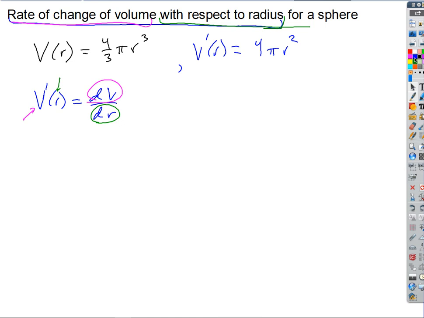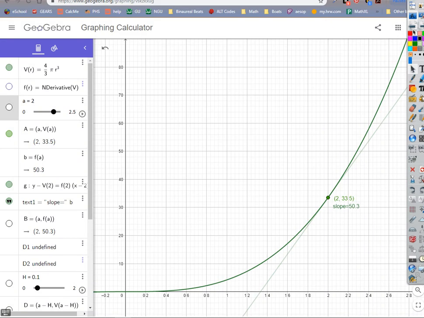The point on the graph we get from V of 2, which is 4/3 times pi times 2 cubed, and that's roughly equal to, what was the value? I can't remember. 50 something. It was 50.3.